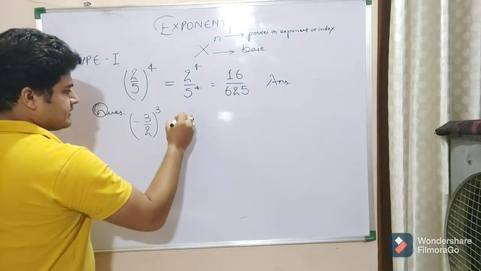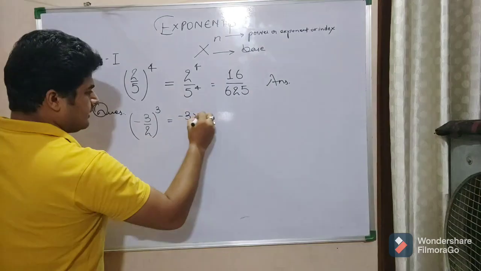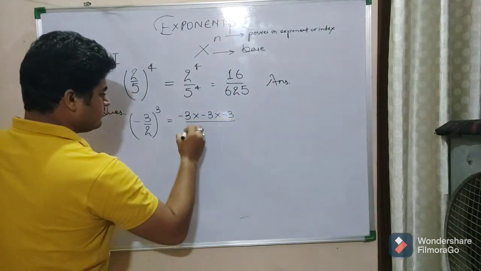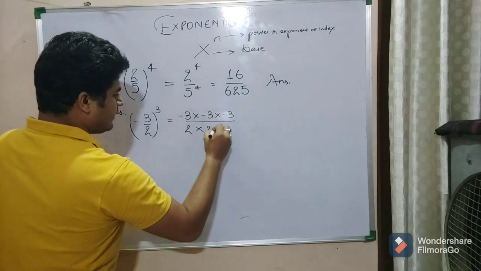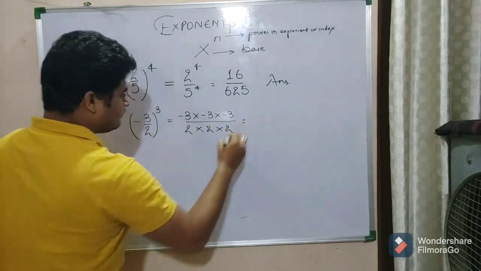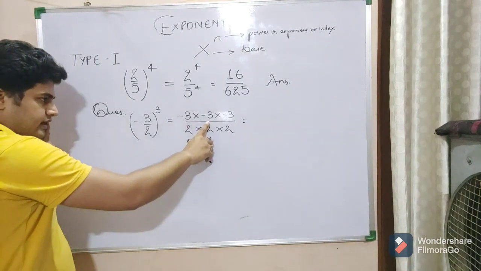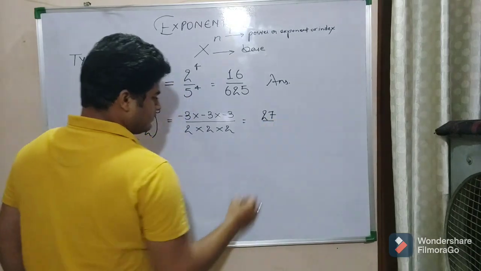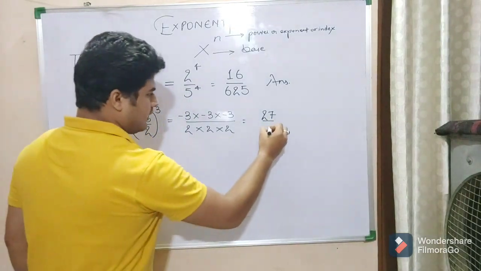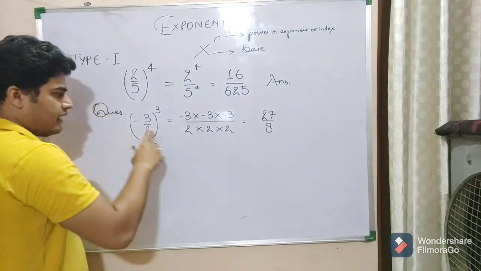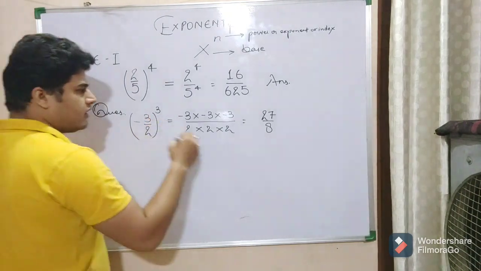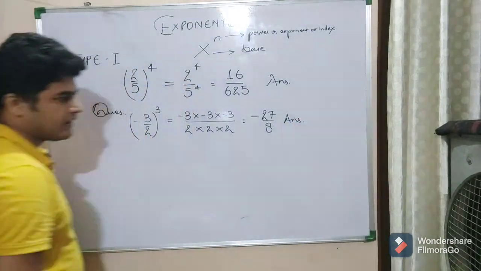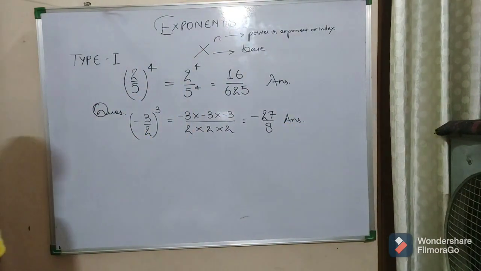So this can be written as minus 3 multiplied by minus 3 multiplied by minus 3, upon 2 multiplied by 2 multiplied by 2. 3 3s are 9, 3 9s are 27, and 2 2s are 4, 2 4s are 8, and a negative number having power odd number will have an answer negative. So minus 27 upon 8.